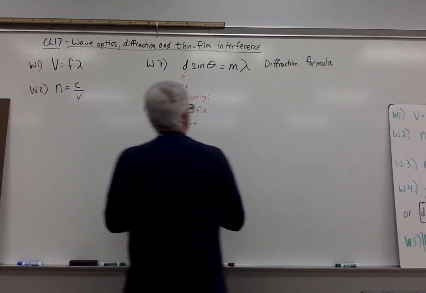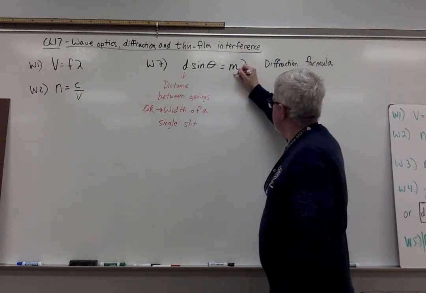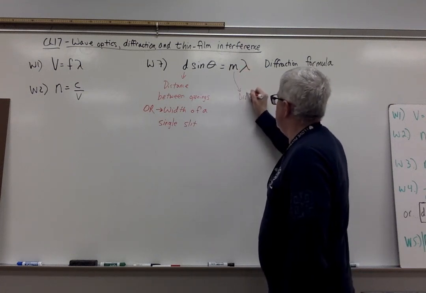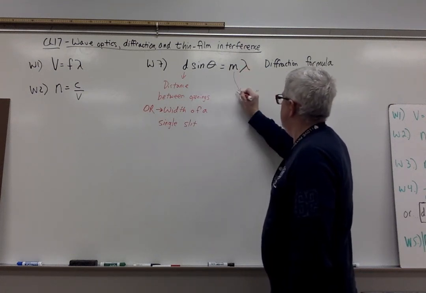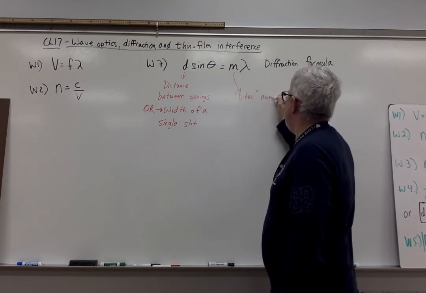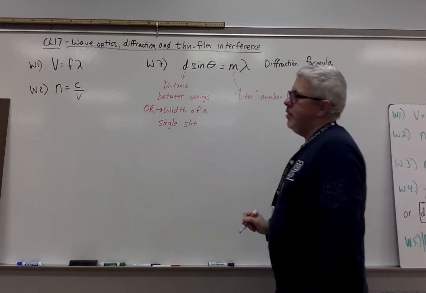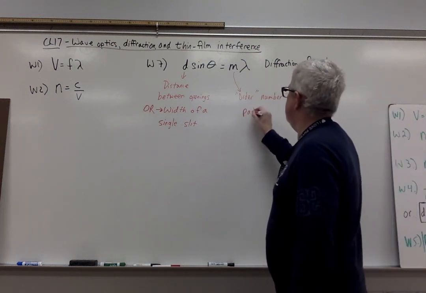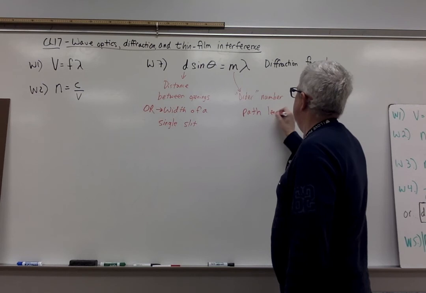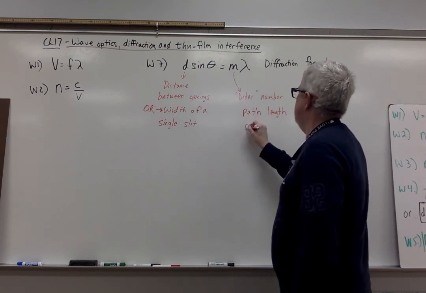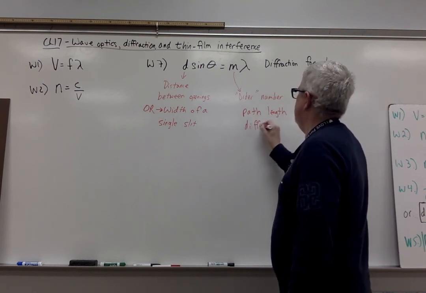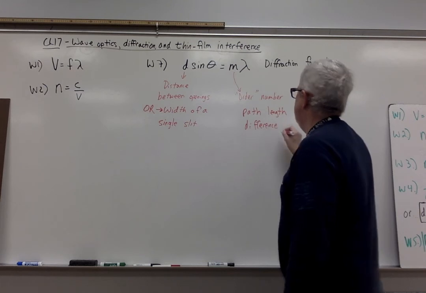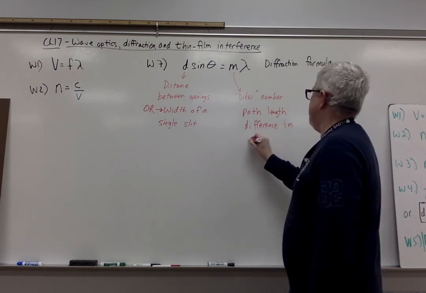m is something known as an order number. It is a whole or half number usually, and it represents the path length difference in wavelengths.